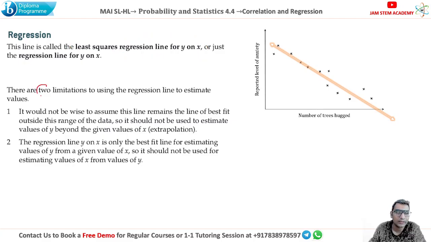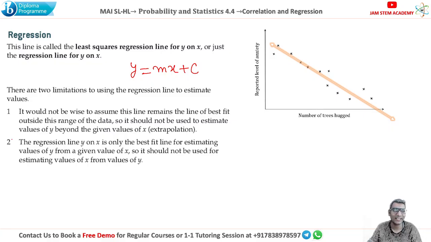Now, two limitations. First, I already gave you the first limitation, which is the extrapolation value, right? If your data points are starting from x1 to x2 and you are finding the y value for the extrapolated part, you may not end up getting a good result. That is the first thing. And the second is if you are calculating y equals mx plus c, then you can put x to get y, but do not put y to get x.